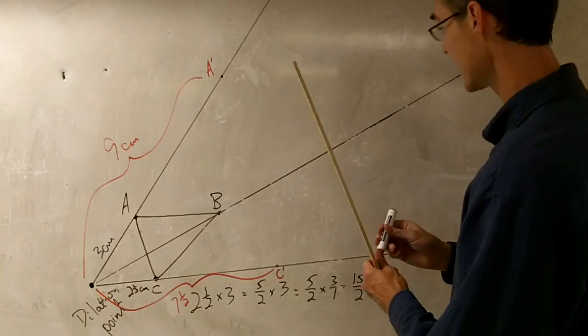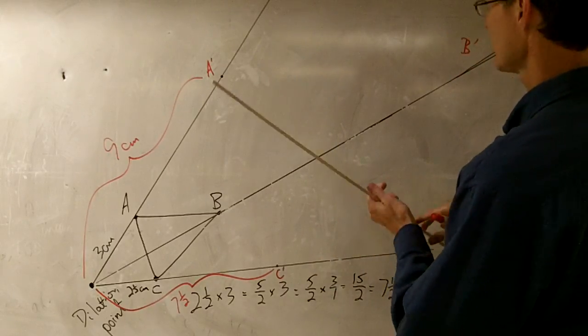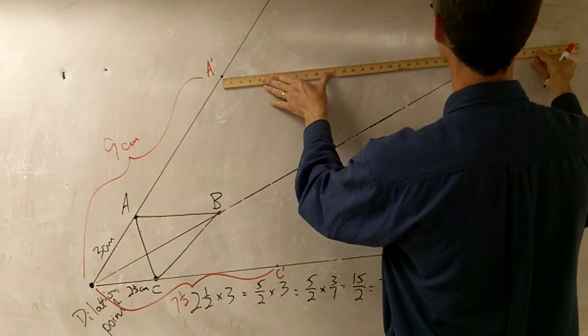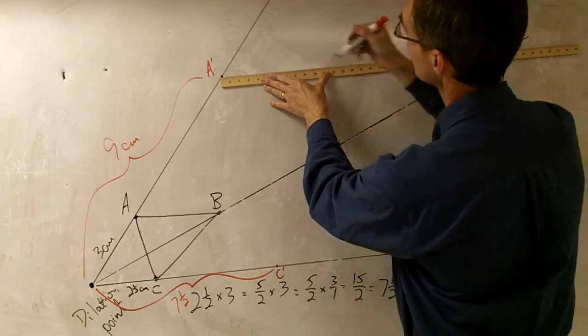Now I just need to connect up my 3 vertices, A prime, B prime, and C prime.